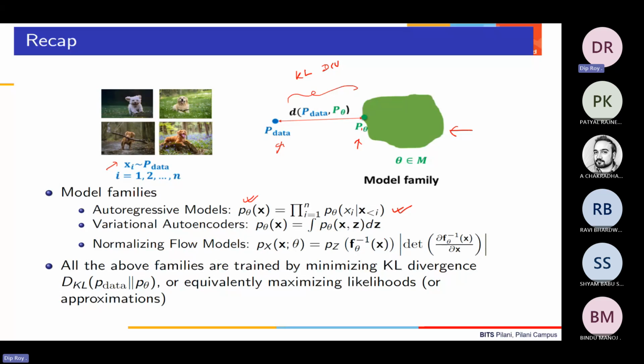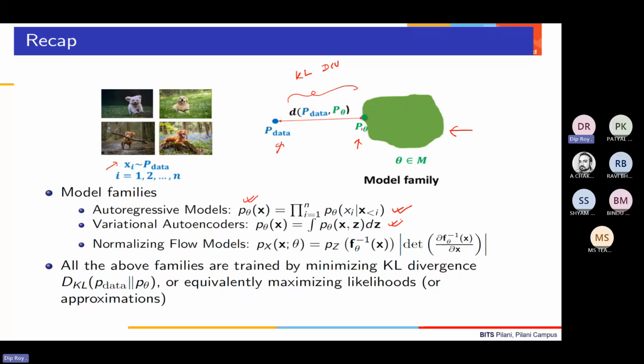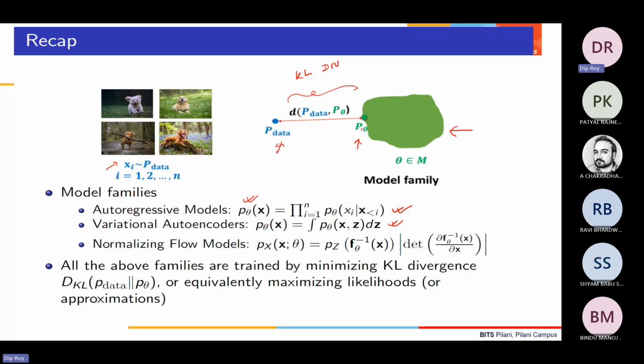Then we came to the variational autoencoder, like a big mixture model, where we calculated this probability density. Then we saw the normalizing flow model, which was kind of like the variational autoencoder, but we had direct access to the likelihood, and it was deterministic in nature.